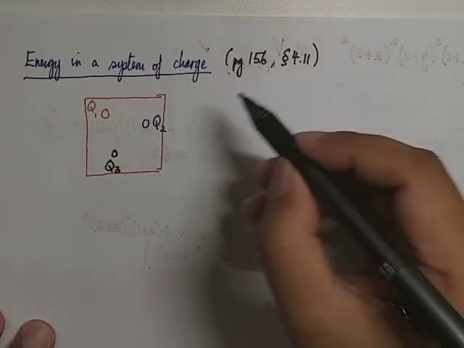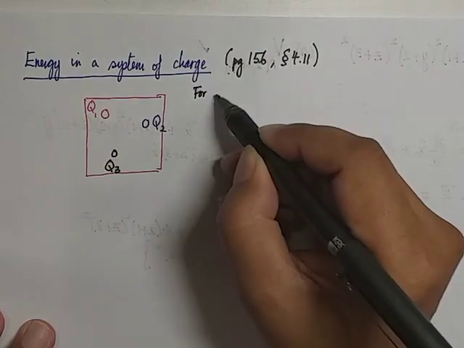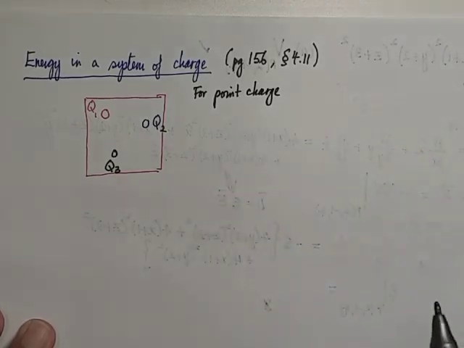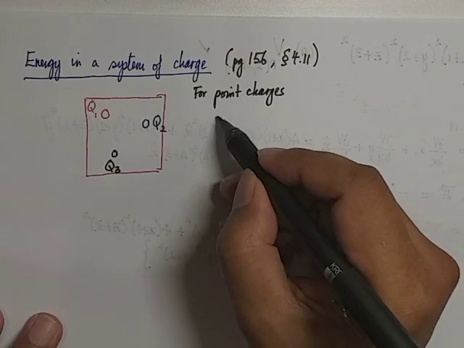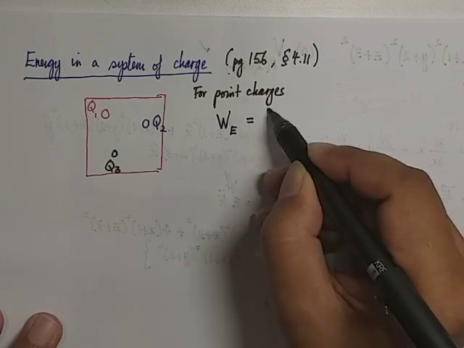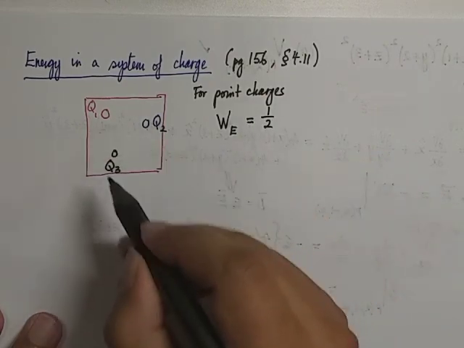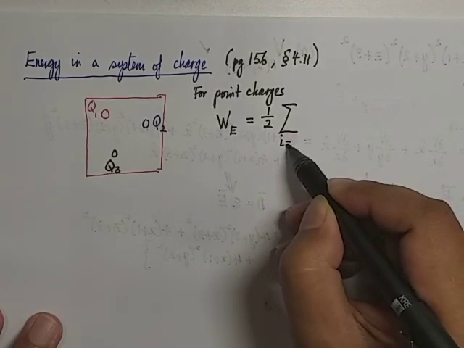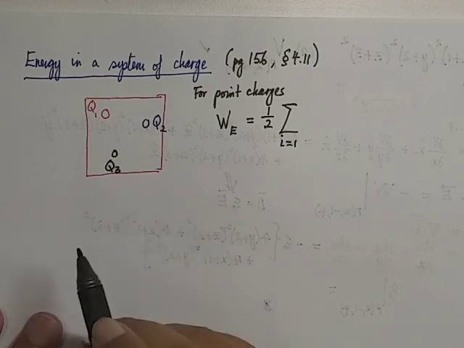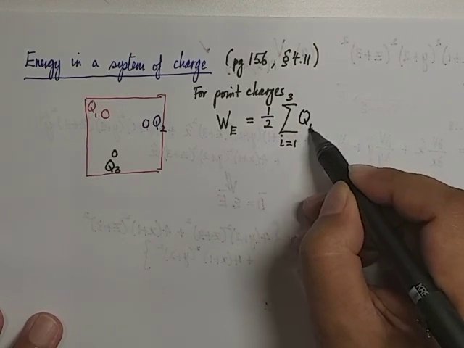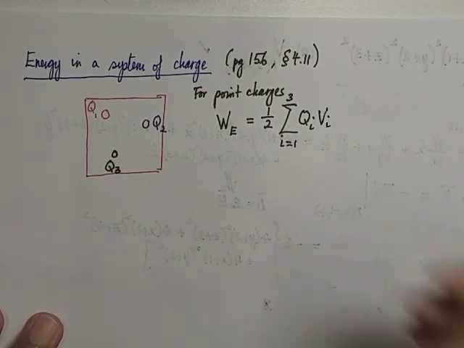For point charges, I'm going to write it clearly. Because there are many charges, the amount of energy contained by the system is given by W_E equal to half, and because it's discrete, I'm going to use the term sigma i from 1, how many point charges do we have in the system? 3, so from 1 to 3 of Q_i V_i.